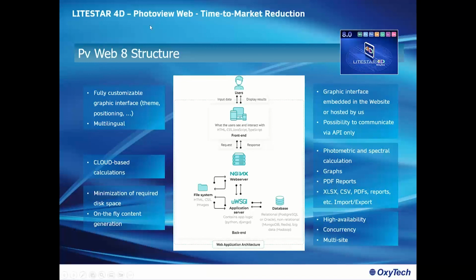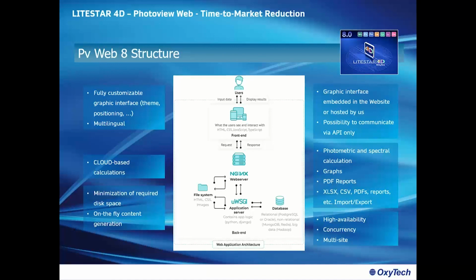Graphic interface embedded in the website or hosted by us. We developed the system in order to be very flexible. And I can tell you that it is possible to have different solutions, because we may have a base Photoview Web with a certain set of information, with a certain set of services, and a customized Photoview Web.